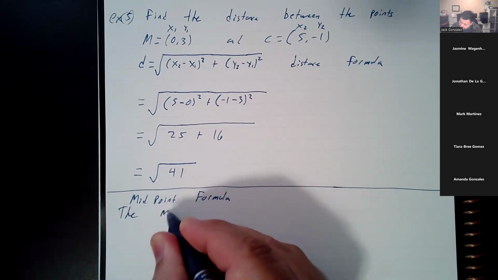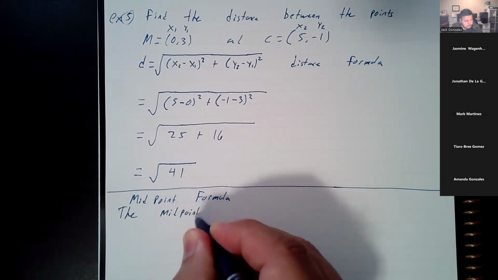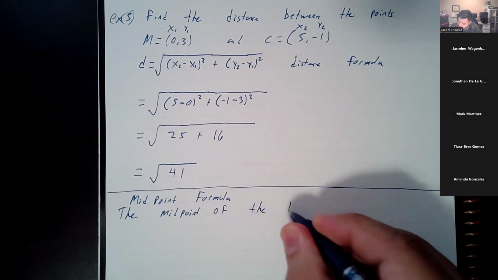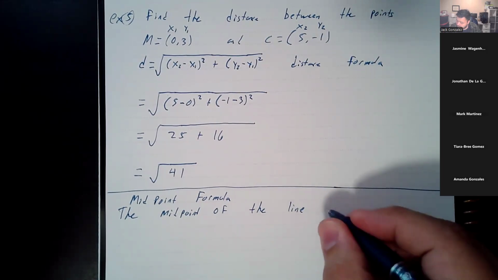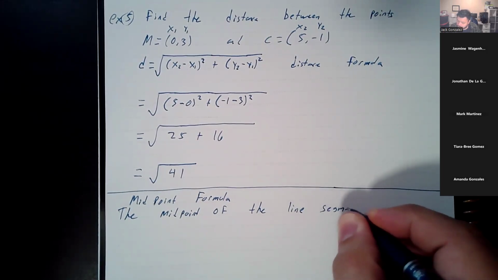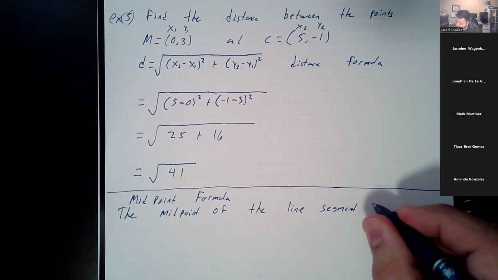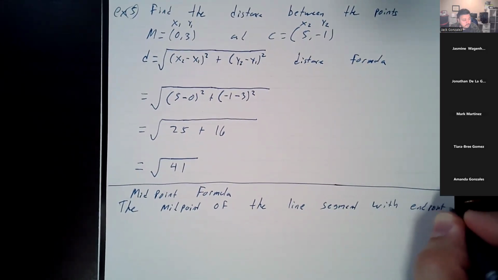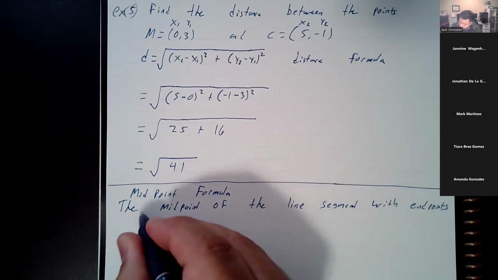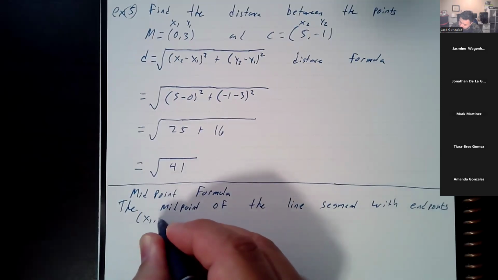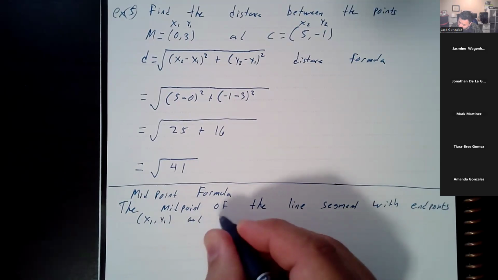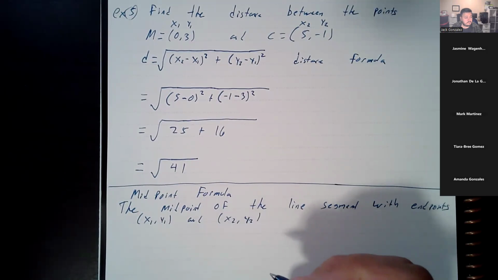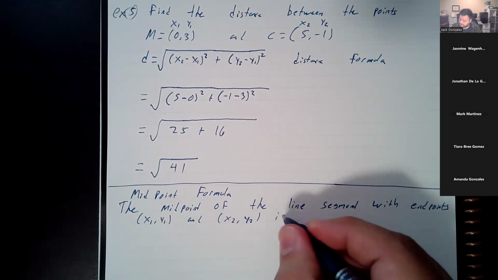The midpoint of the line segment, sorry, with endpoints x1, comma y1 and x2, comma y2 is the following.